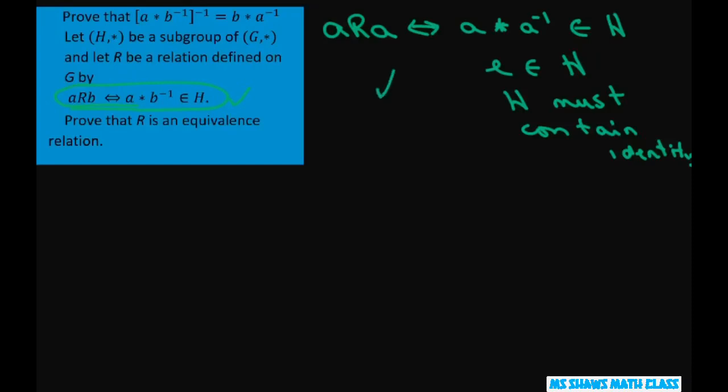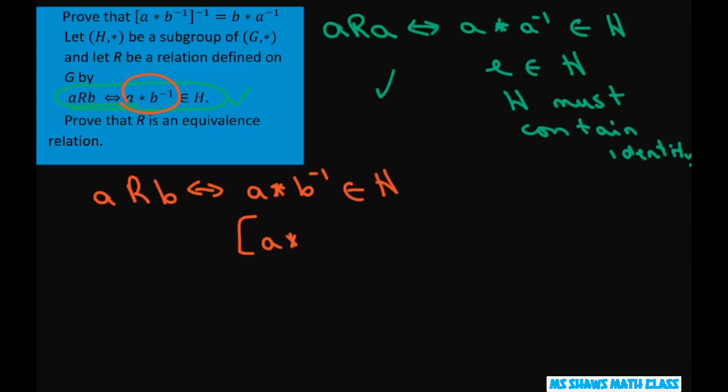Now for symmetric, we want A related to B if and only if A star B inverse belongs to our subgroup. So what we're going to do is take the inverse of this, and we know this is already equal from here. This equals B star A inverse.